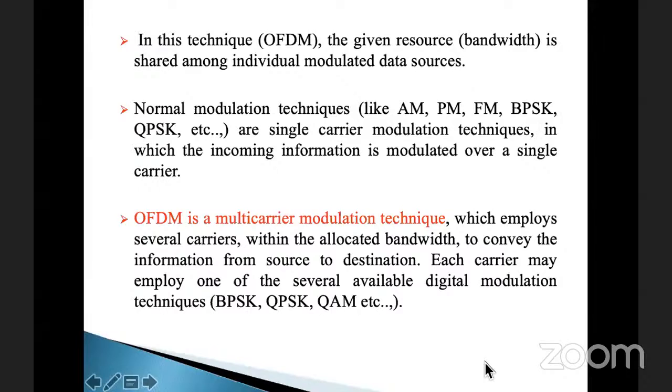So OFDM is not like your normal modulation techniques, maybe AM, FM, BPSK. These are all single carrier modulation techniques, right? Here the incoming data stream is modulated over a single carrier.